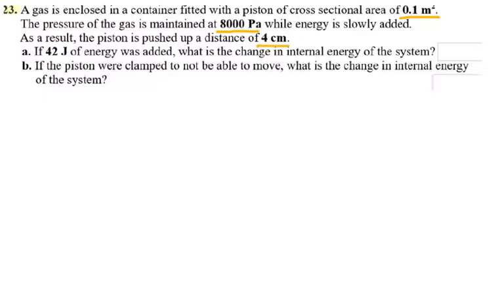And if 42 joules of energy or heat was added, what is the change of the internal energy of the system? So the change in internal energy of the system is equal to the heat added plus or minus the work done by the gas. So the heat added is 42 joules, and the piston pushed up, so the work on the gas is negative, and the work is pressure times change of the volume.